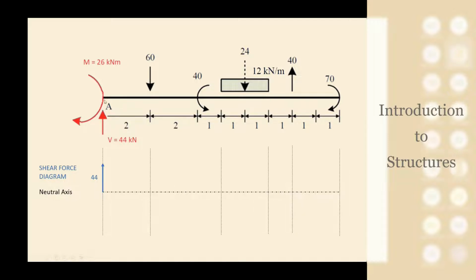And the reason why it's constant is because if I locate myself in every cross section in the middle, in between these two forces, 44 kilonewton the reaction and 60 kilonewton the action, and I do the summation of forces to the left, which are the vertical forces only, because the cross section is vertical, the only force is 44 kilonewtons. So evidently, the shear force will be constant from here to here. And this is what I'm adding in this diagram at the moment. So I know the first force is the reaction 44, and after that in between forces is constant.